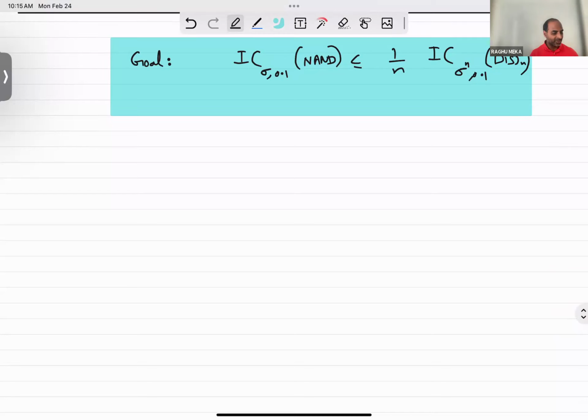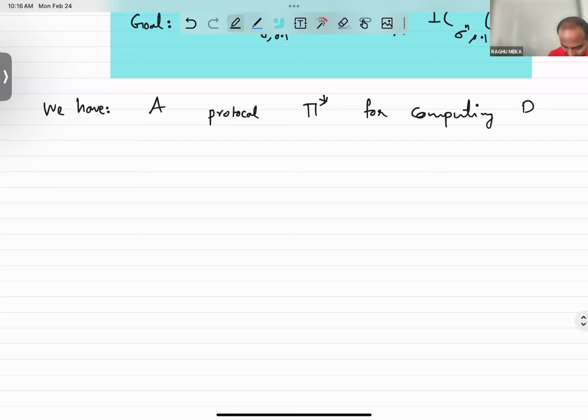So how do we show such a thing? As I said, we're going to be constructive, meaning what we have is a protocol, pi star. Let me call it pi star, just to emphasize that we are given some protocol. Someone told you there exists this very nice protocol for computing disjointness.